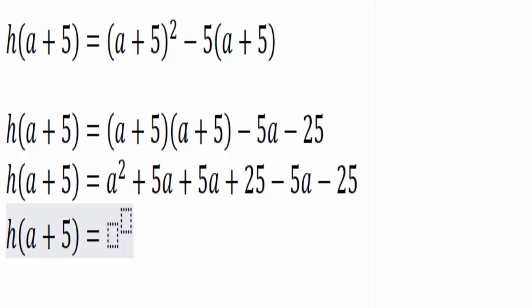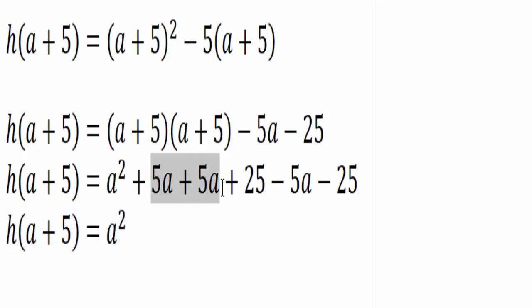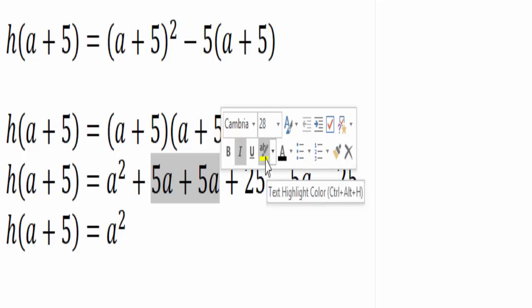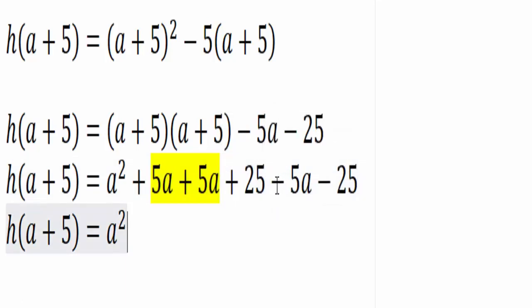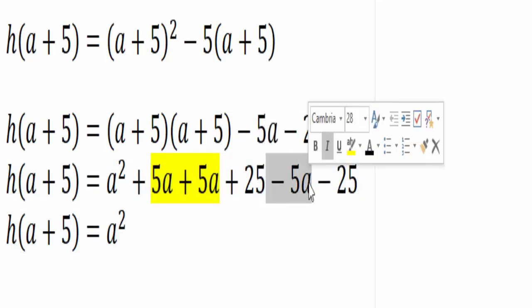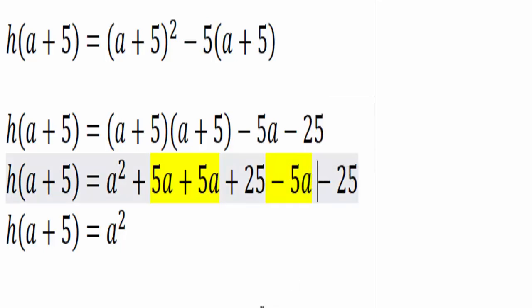We don't have another squared term, so we're going to have the a squared. We have 5a plus 5a, and then over here we have minus 5a. So these are like terms, and that is a total of 5a. And then we have plus 25 and minus 25, so they cancel, and so we're done.